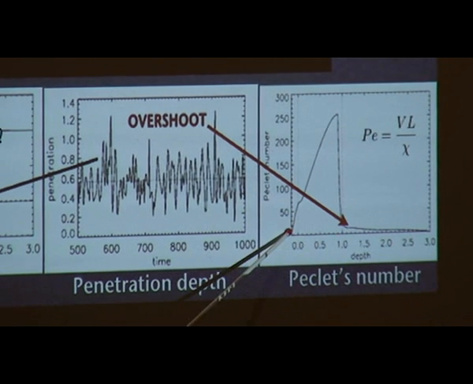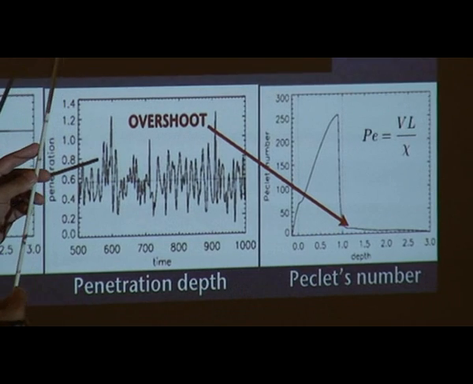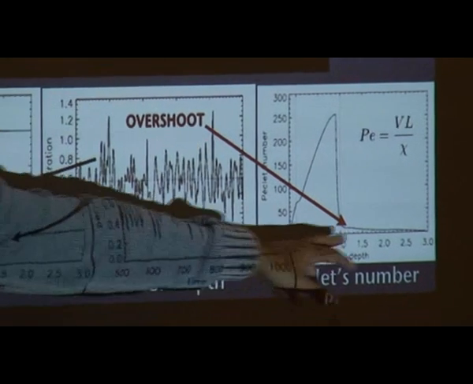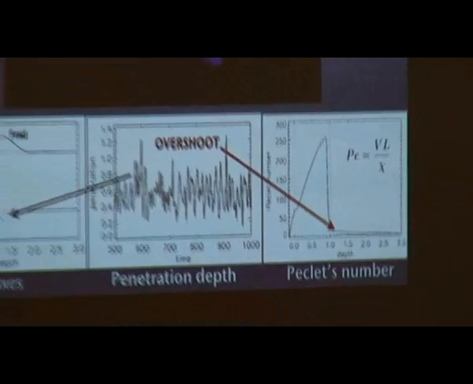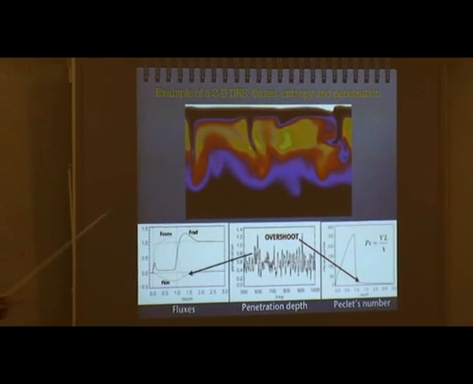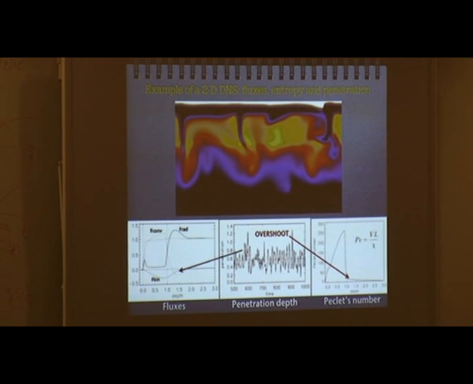In this case, it's around 10 or 20. But if we multiply by the width of the plume, it's around unity at the end. So the Peclet number is around unity, which means that the plume thermalizes very fast here and penetrates in the radiative zone over a long distance.